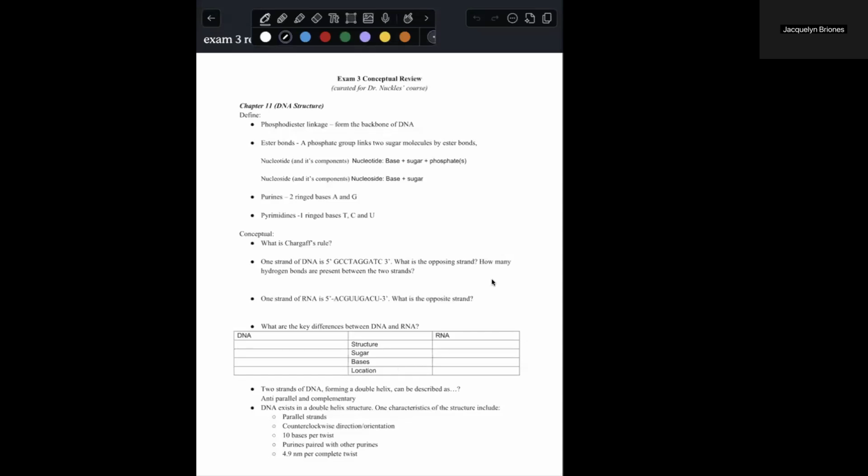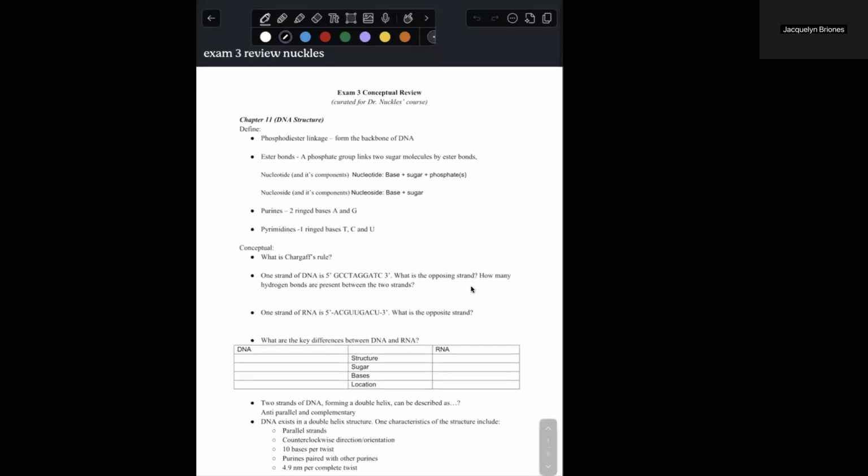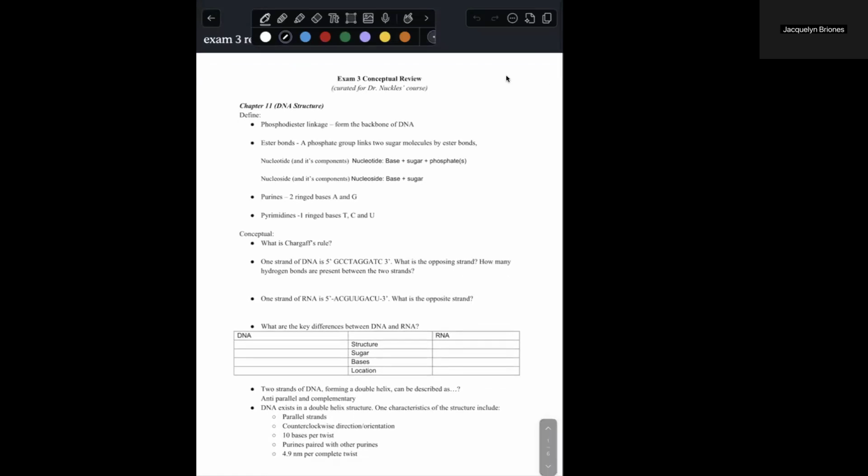Phosphodiester linkage is the linkage that forms the backbone of DNA. Ester bonds are phosphate groups that link two sugar molecules.